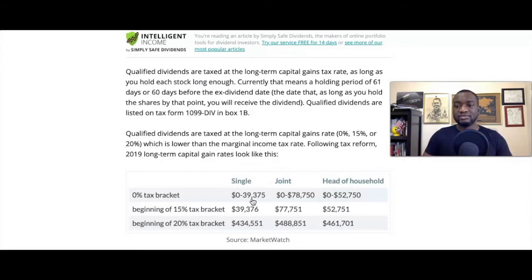Let that sink in. If you have a job, you're gonna pay tax at least on your first $10,000. So with dividends, when you invest into dividend companies and you get paid in dividends, the first $30,000 is not taxable. The first $40,000 is not taxable.